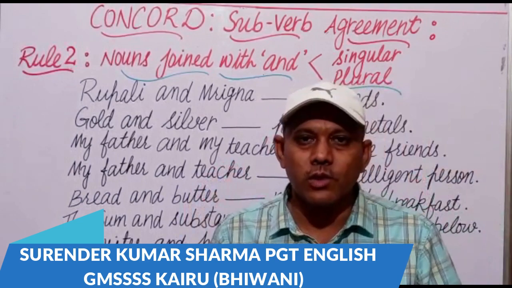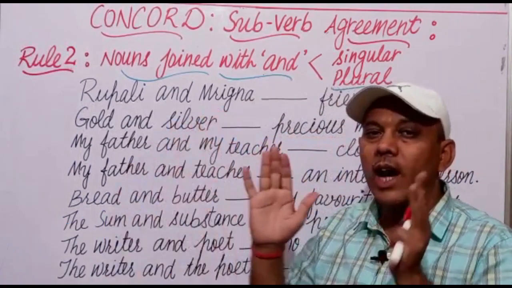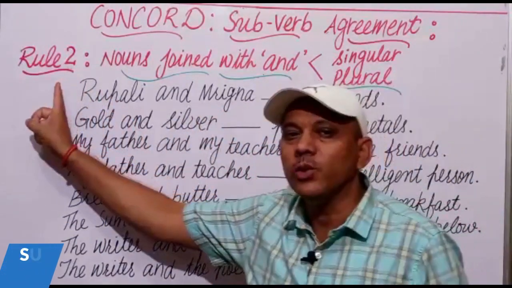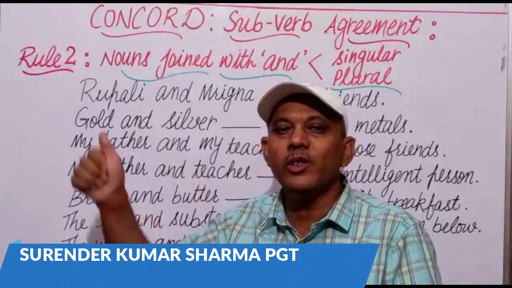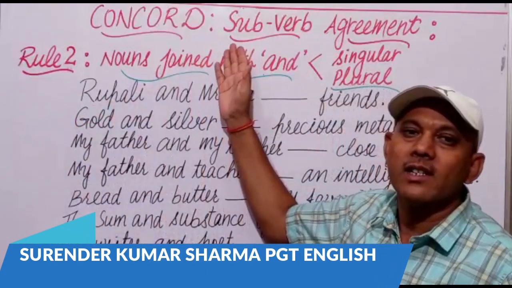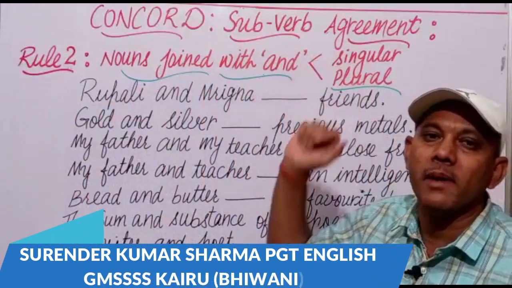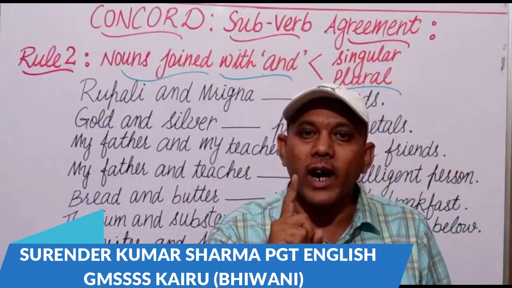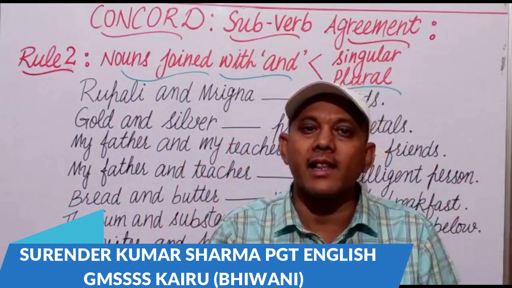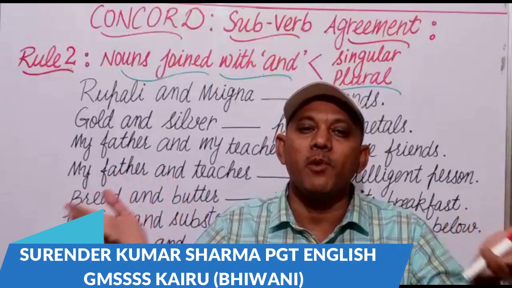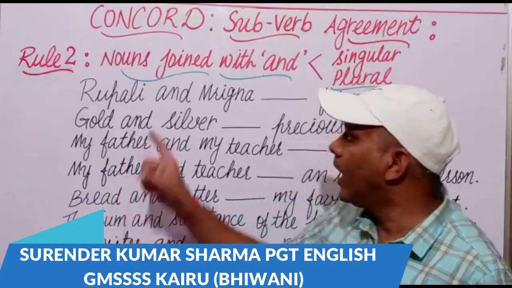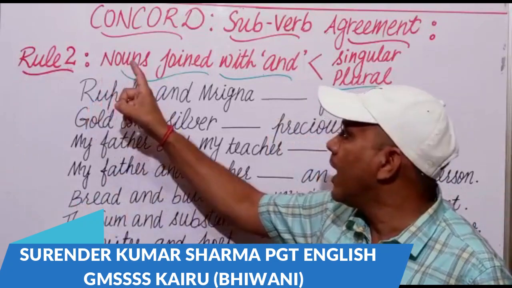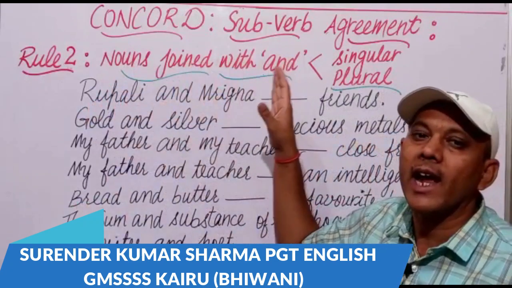Very good morning, students. Today we are going to discuss Rule 2. What does Rule 2 say in case of subject-verb agreement? In Rule 1 we saw that we have to find out the true subject and then fill in the appropriate verb. Now, Rule 2 says nouns joined with and.